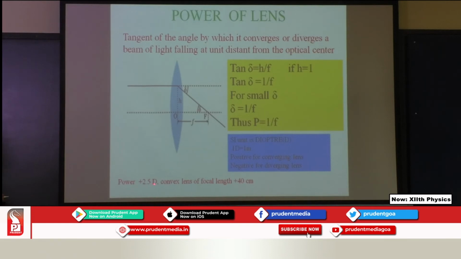How is that? I know that power is 1 upon f. If your prescription says power minus 4 D, then the one you have to use is the concave lens of focal length minus 25 centimeters. So, students, if you are using specs, or even if your parents are using, just go back and check what lens is being used.